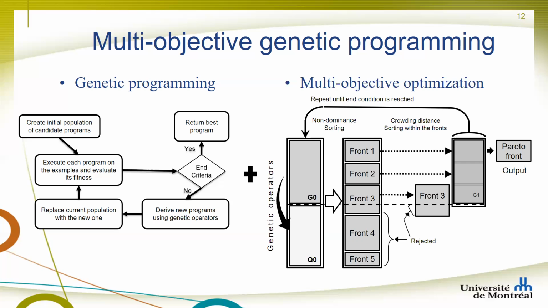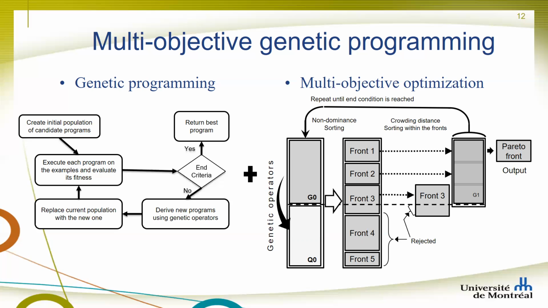A solution dominates another solution if it has at least equal value for all the objectives, and for at least one of the objectives it has a better value. So we don't have a complete order because we have many objectives. Each front has solutions that dominate the next front, and so on and so forth.